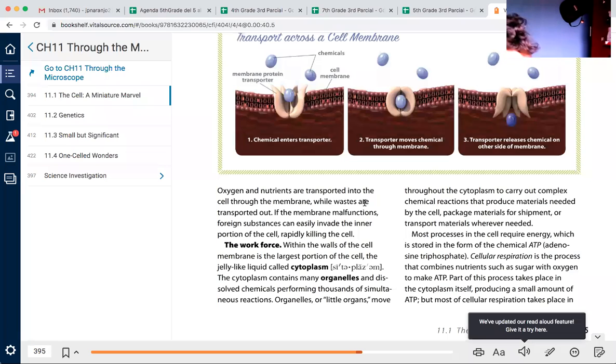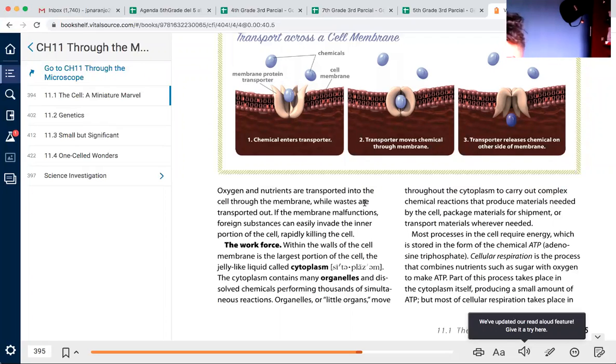The workforce within the walls of the cell membrane is the largest portion of the cell, the jelly-like liquid called cytoplasm. The cytoplasm contains many organelles and dissolved chemicals performing thousands of simultaneous reactions. Organelles, or little organs, move throughout the cytoplasm to carry out complex chemical reactions that produce material needed by the cell, package materials for shipment, or transport materials, whatever is needed.